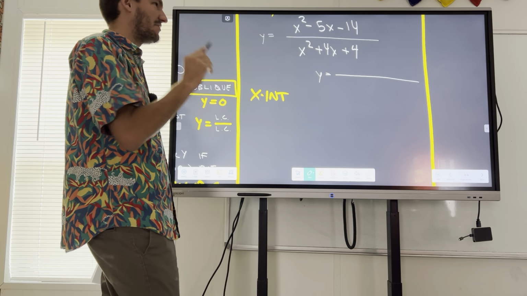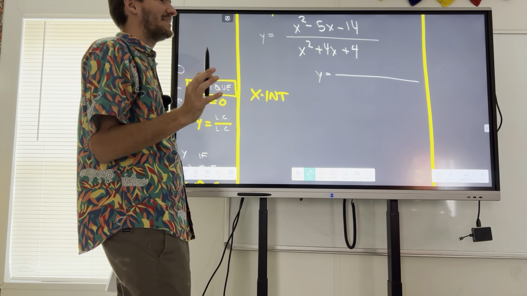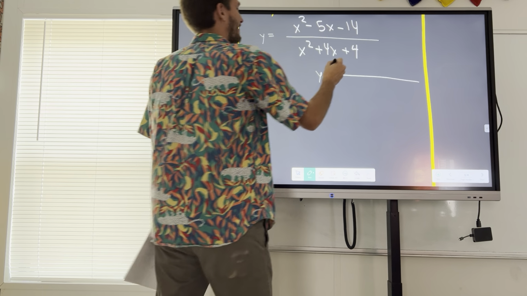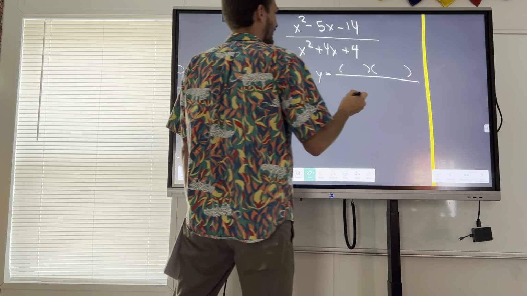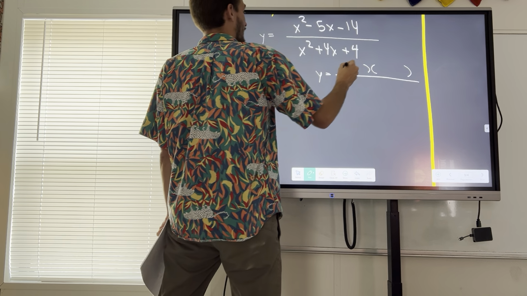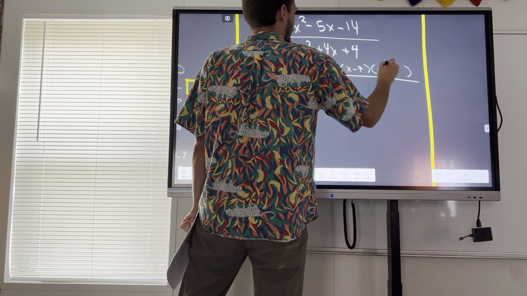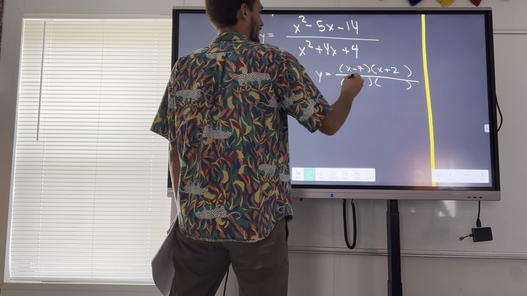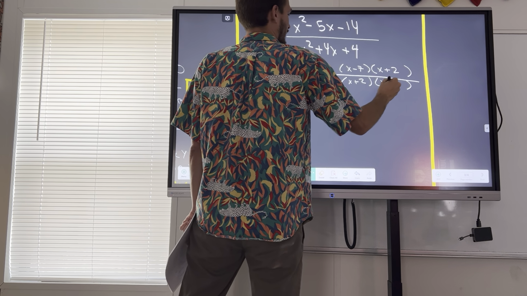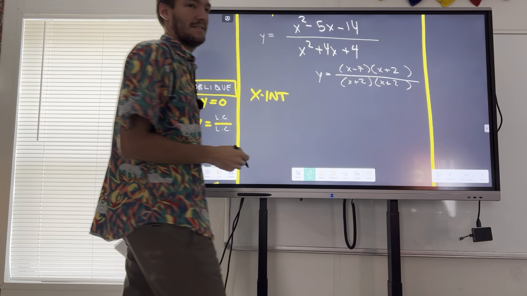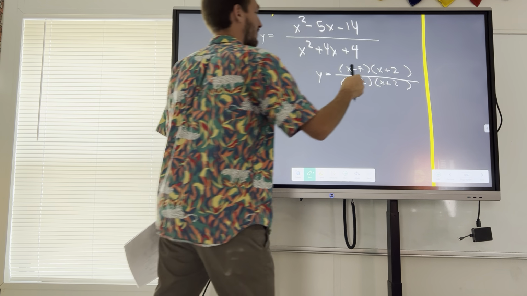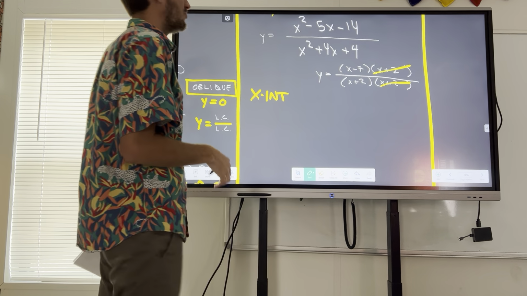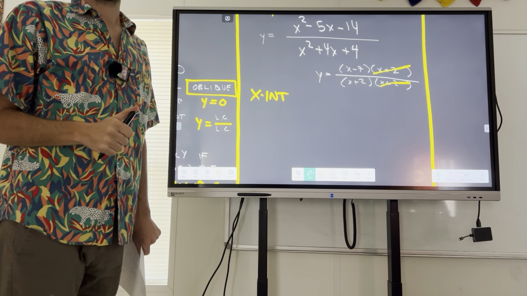So if you're not very good at factoring, it's not going anywhere. We got to figure this out. Factoring. Anybody got the top factored? Nice. And the bottom? Oh, nice. So we actually do make things a lot simpler. We actually do end up with a hole there.